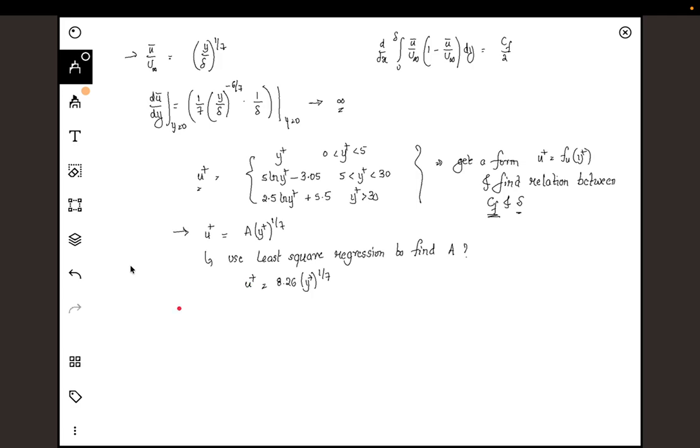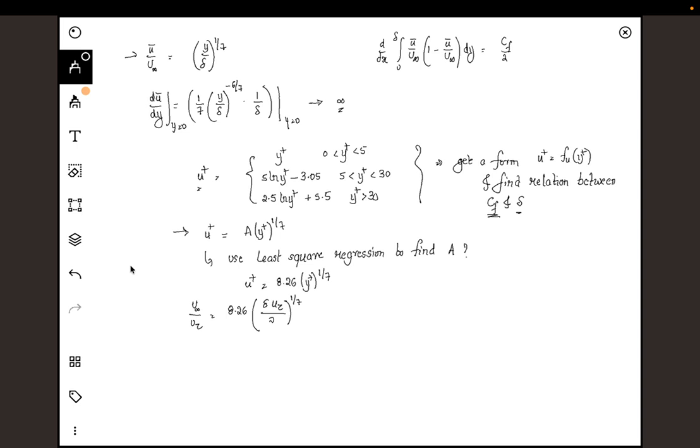U plus is u bar by u tau, where u bar I'll be taking as u infinity, which means u infinity by u tau is 8.26. Y plus is y, and I'll take y as delta because u bar is u infinity, so delta times u tau by nu to the power 1 by 7.